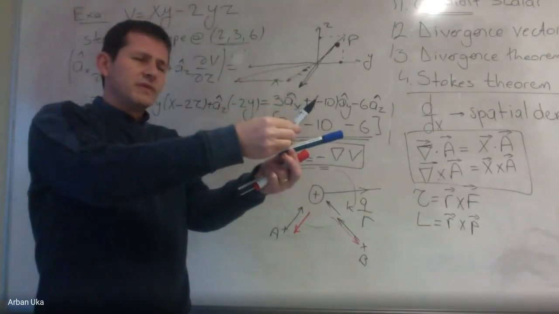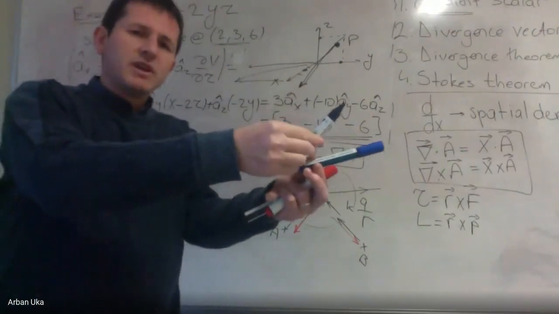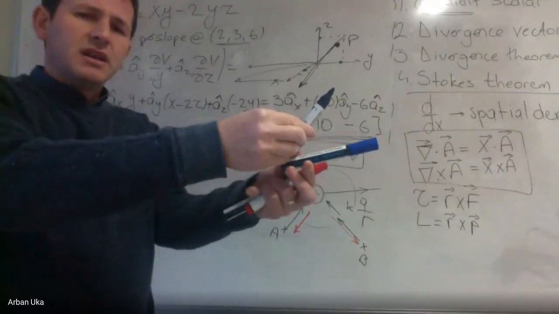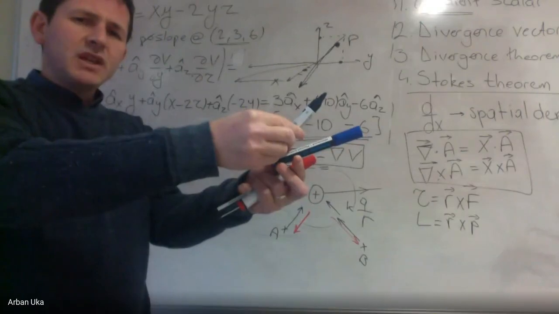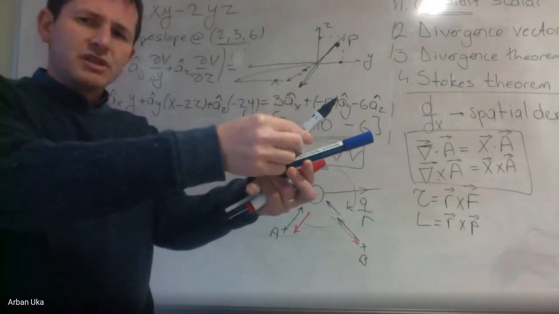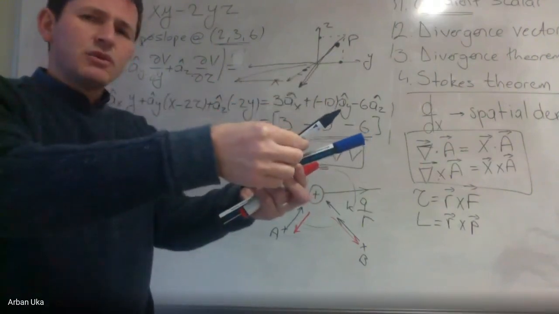What we can do is simple. We just multiply this vector in blue with the cosine of the angle between these two pens, all right? And how can we do this? We just multiply this vector in blue with the unit vector which is along the vector in black. So this pen is black. That's how we do it.